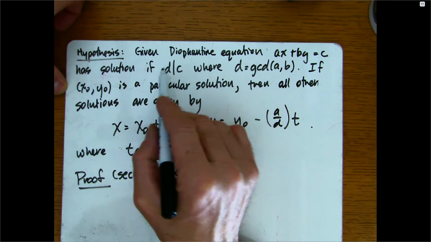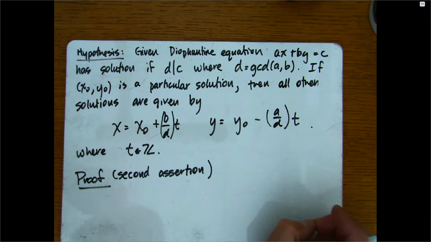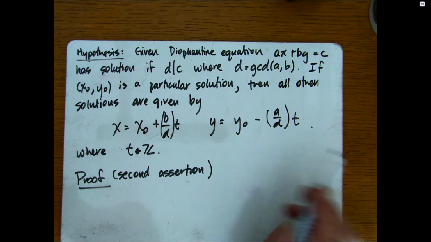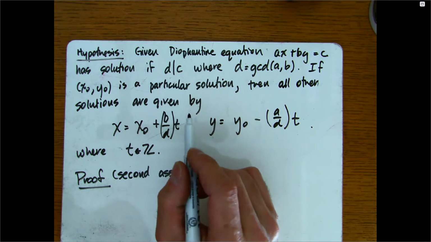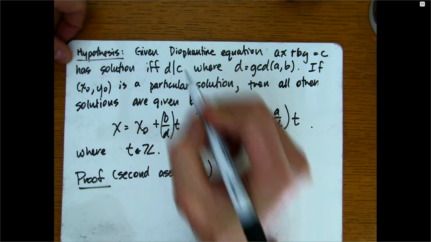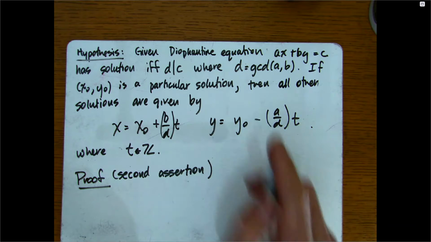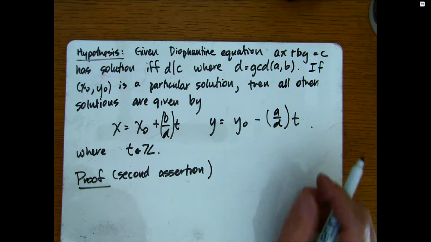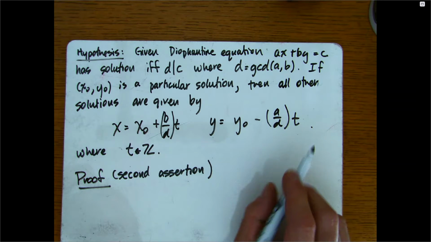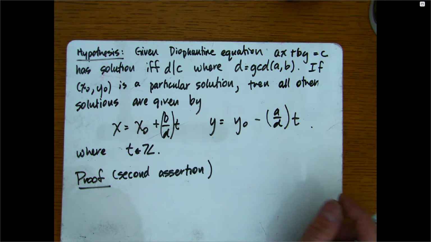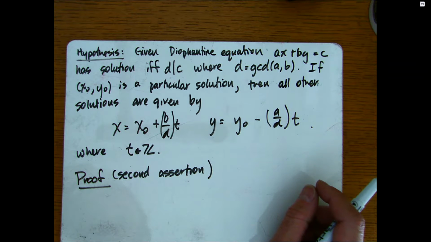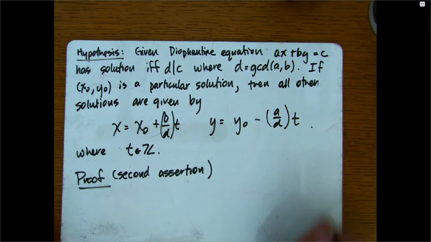The fact that it has a solution if and only if D divides C, I could put a double F there, we already proved previously. So really, what we want to know is whether these are really the two general forms of solutions for Diophantine equations if a solution exists. So off we go to the races.